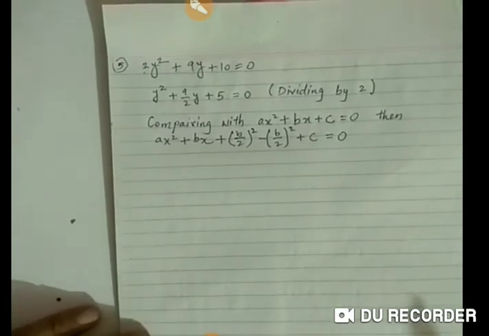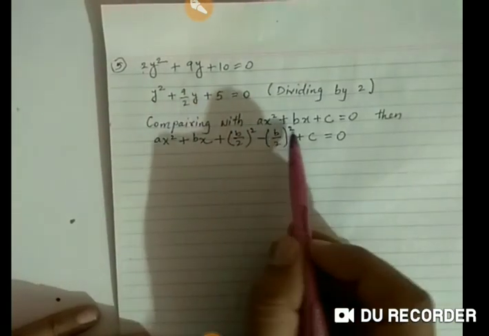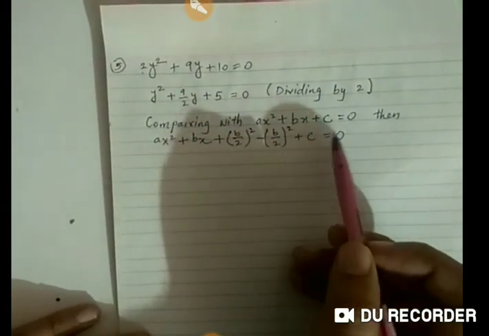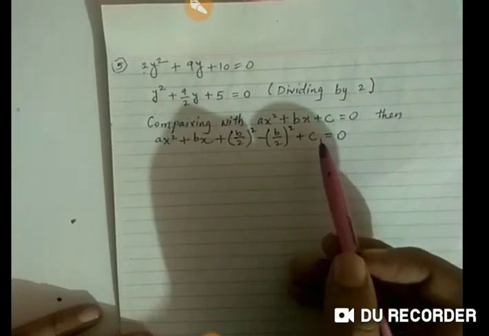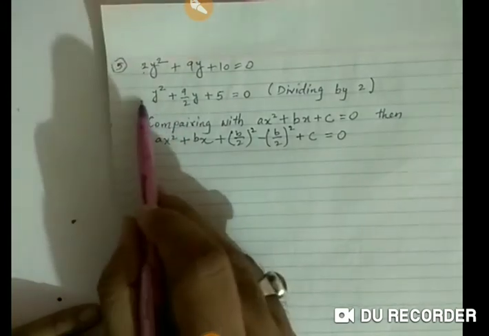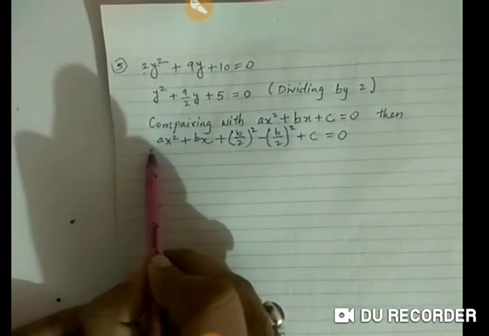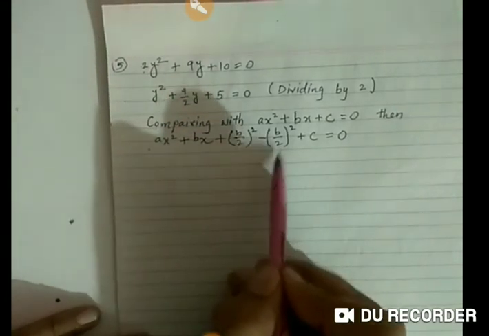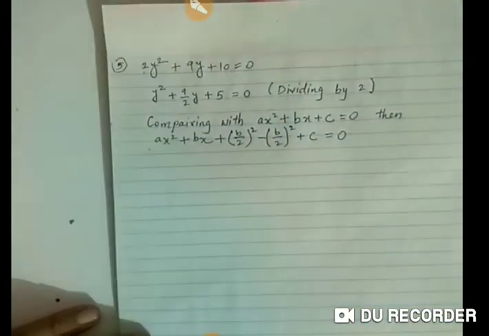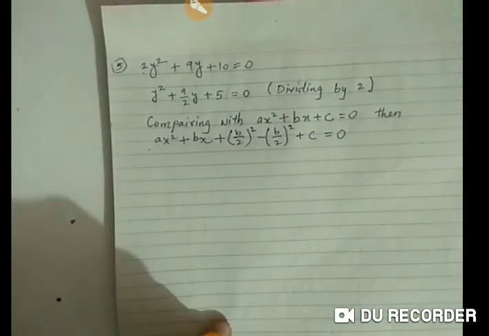Okay. So on comparing with its standard form ax square plus bx plus c equals 0, if our given question is in this form, we can write it as ax square plus bx plus b by 2 whole square minus b by 2 whole square plus c equals 0. And we have already discussed that there is no change in the original equation.